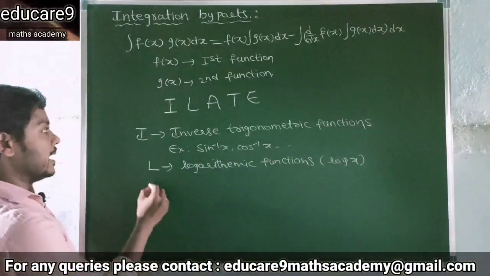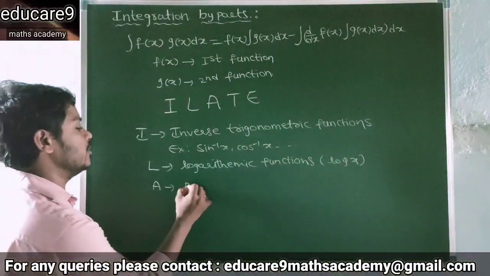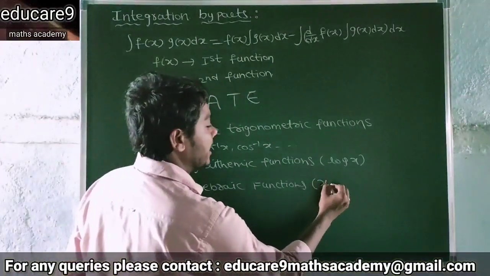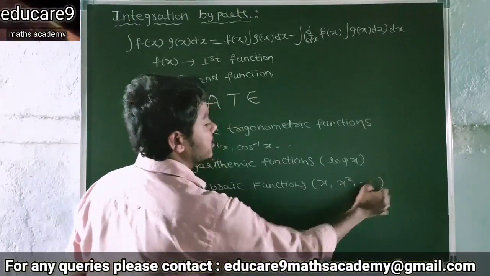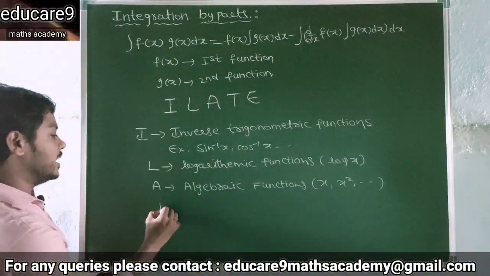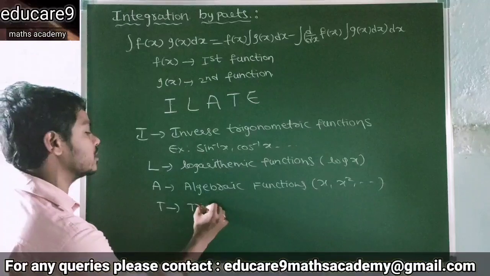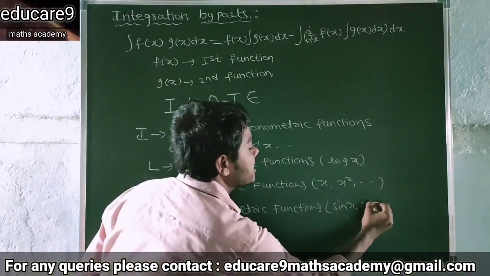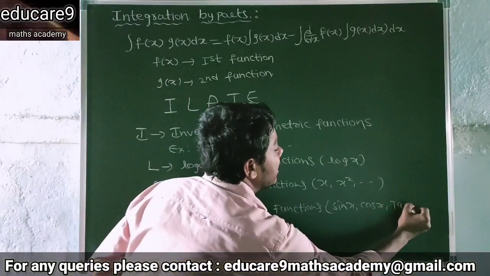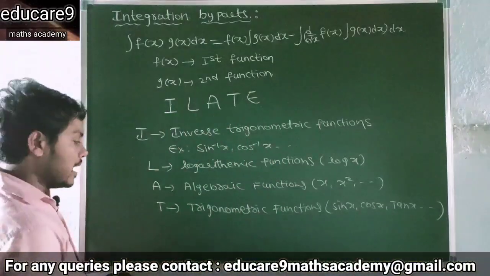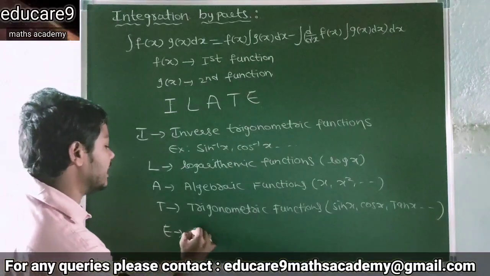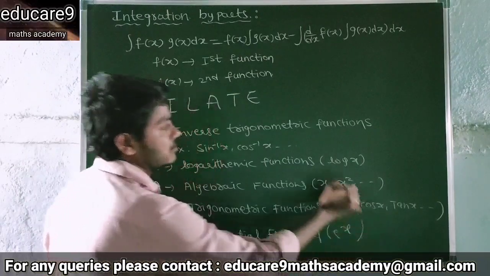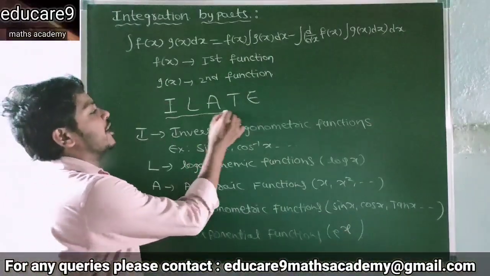A is algebraic function, that is something like x square. T is trigonometric function, that are sin x, cos x, tan x, and so on. And E is exponential function, that is e power x. So here you should follow this order.